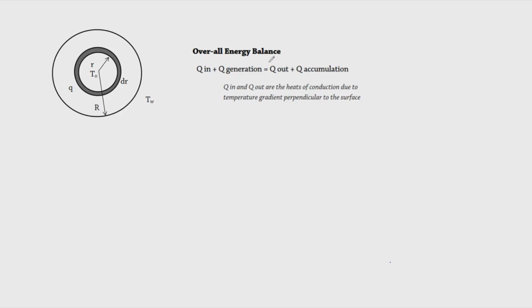Without the heat coming in and going out, you would simply cancel out your Q in and Q out. But for the sake of understanding an overall energy balance, we'll be substituting them using the Fourier equation.